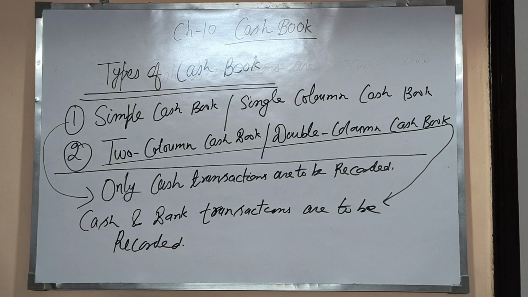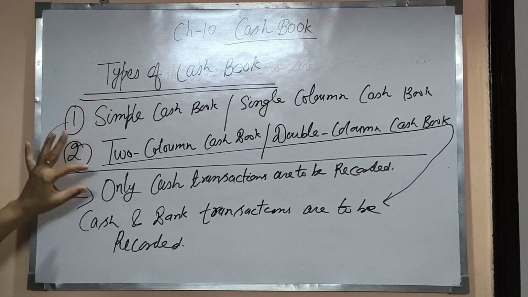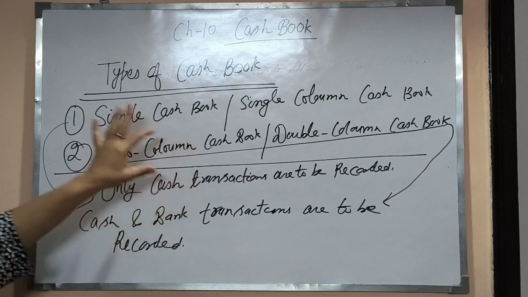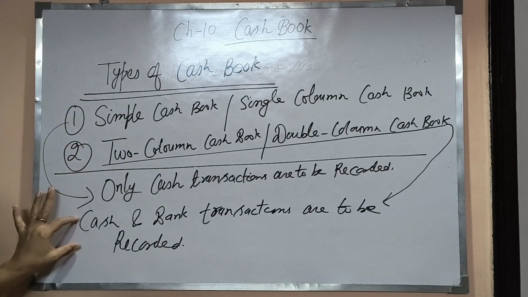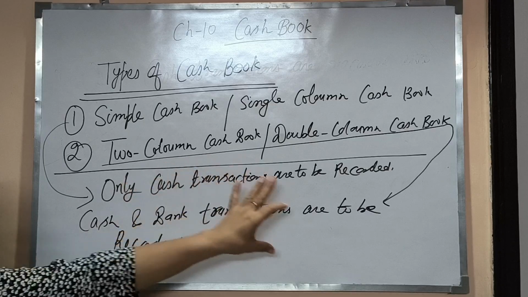It means in the cash book chapter, no credit transactions are recorded, only cash as well as bank transactions. In the simple column cash book, only cash transactions are recorded, and in the two column cash book, that is the double column cash book, cash as well as bank transactions are to be recorded.